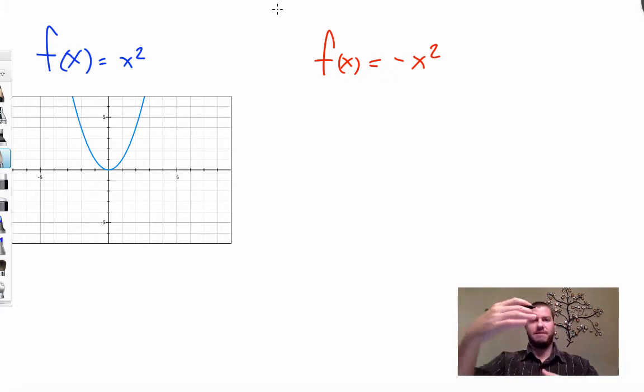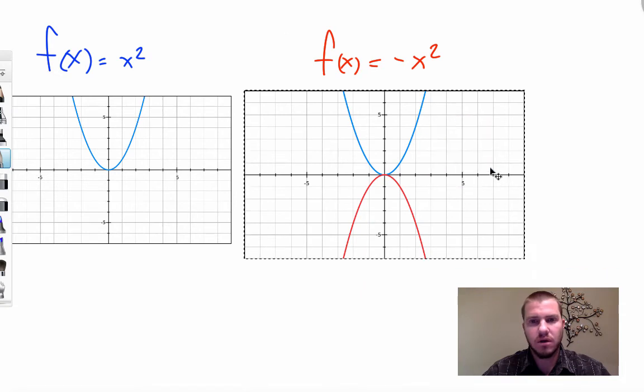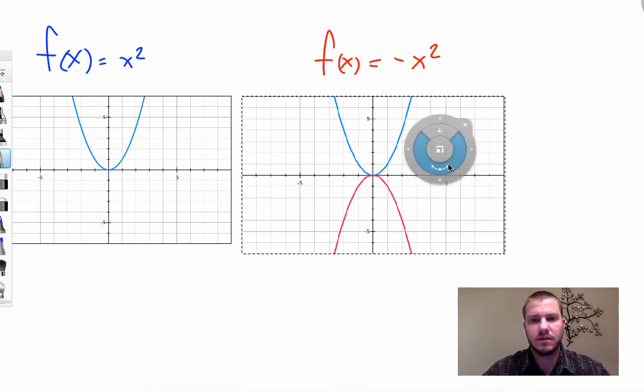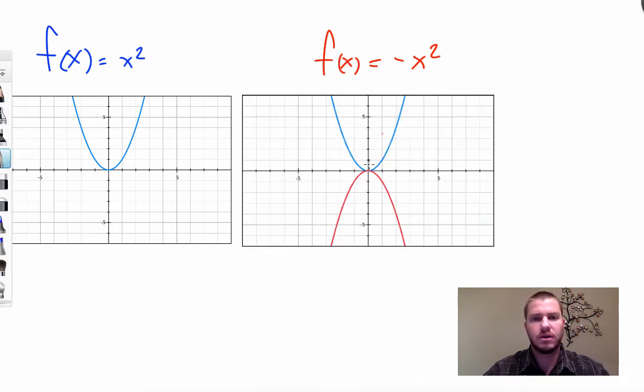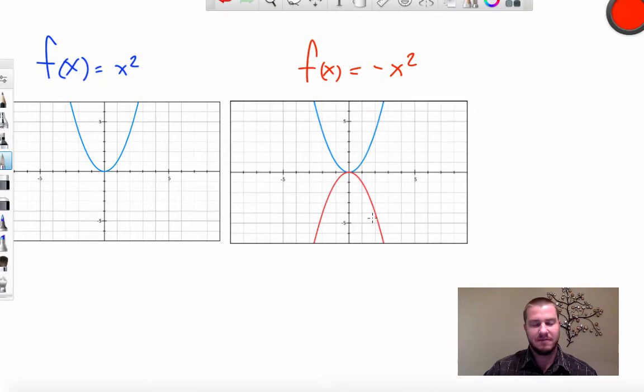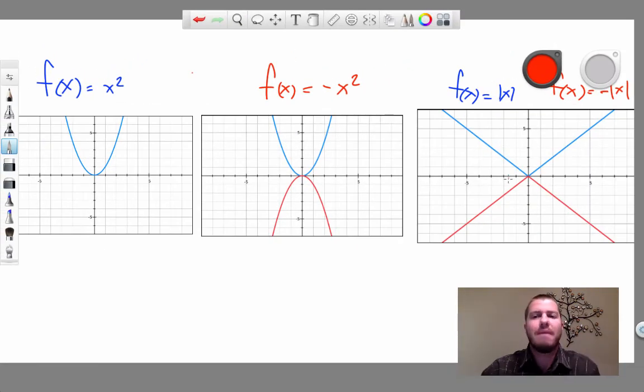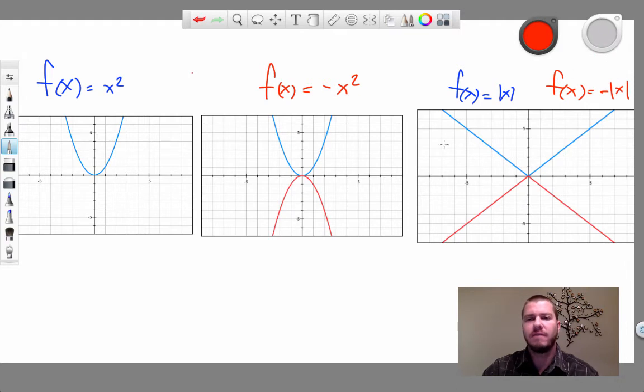So it flips vertically, and it would look like this. Instead of going up, it's going down. You may remember it as smiley face when it's positive, sad face when it's negative. And the same thing will happen with the absolute value when the a is negative. Instead of the v going up, now you have the v going down.